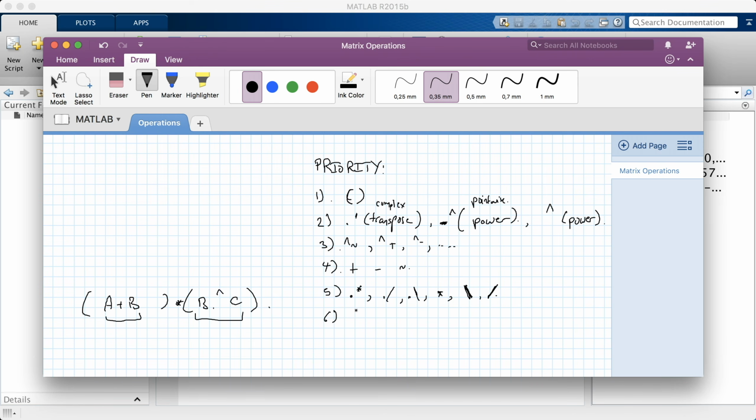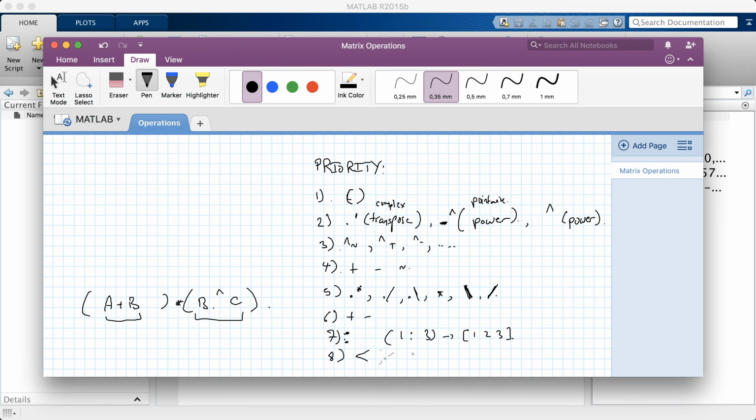6 is addition and subtraction again. 7 is the colon operator, so the colon operator is, if you remember, 1 colon 3 produces a vector counting from 1 to 3. This is the colon operator. 8, you've got the conditionals, so statements returning true or false, or 0 or 1 in Matlab.